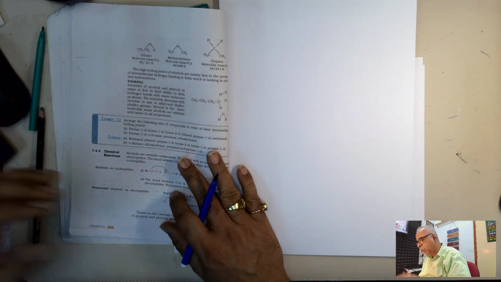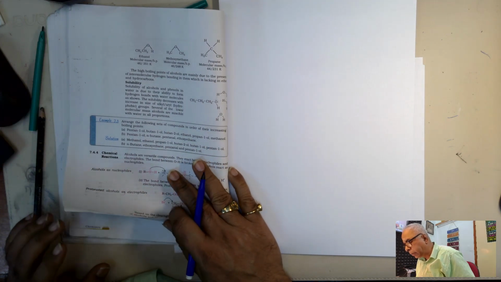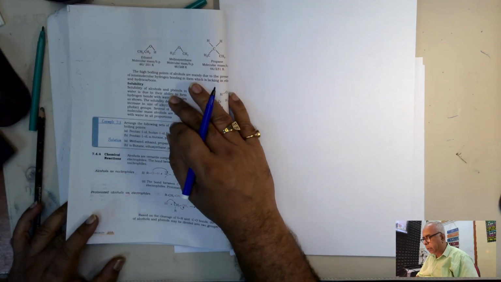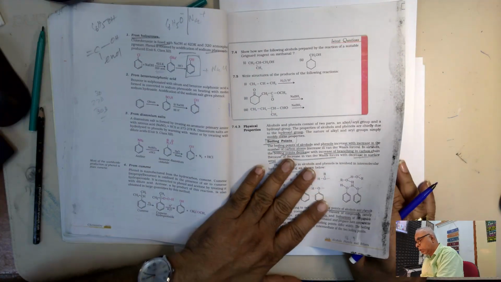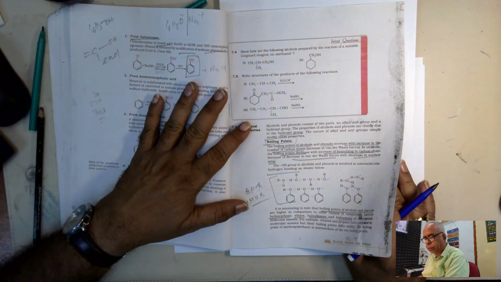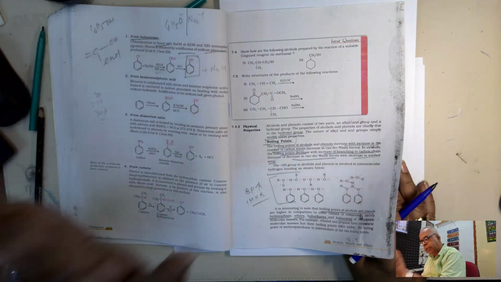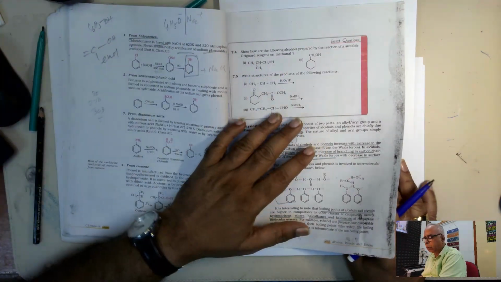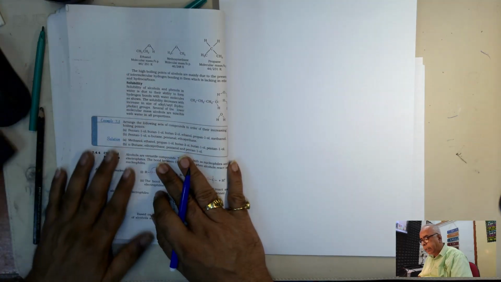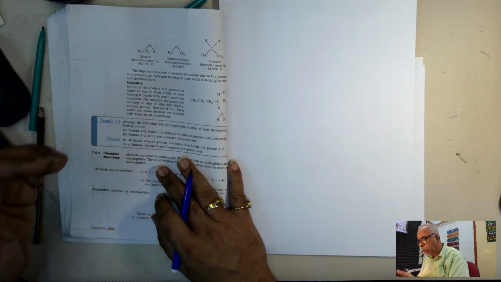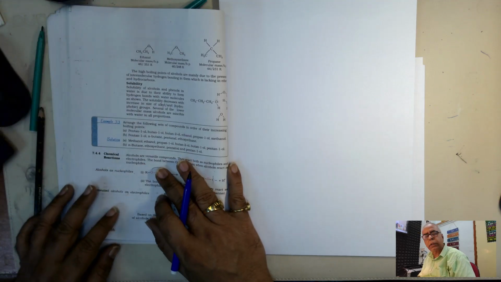So, what are the two important properties we have discussed here? One is boiling point, another is solubility. Boiling points for alcohols and phenols are high because of what? Because of intermolecular hydrogen bonding existing in the compound. Whereas solubility, lower alcohols and phenols are soluble in water.